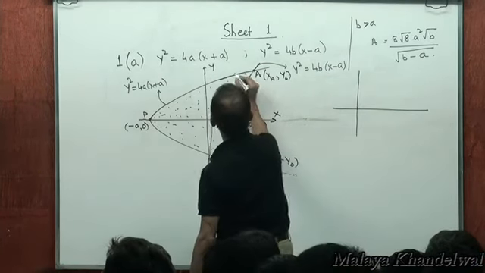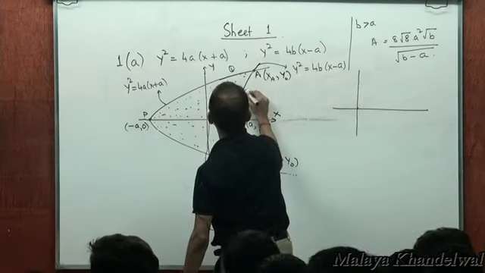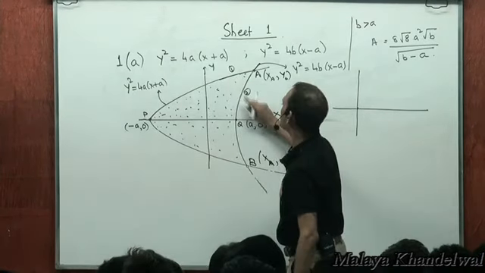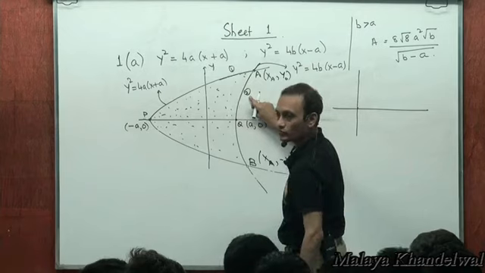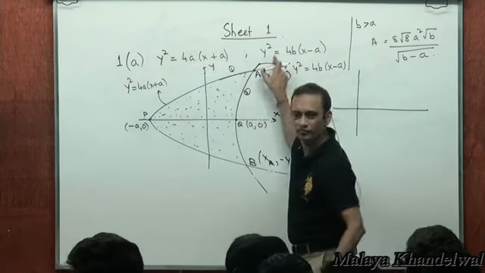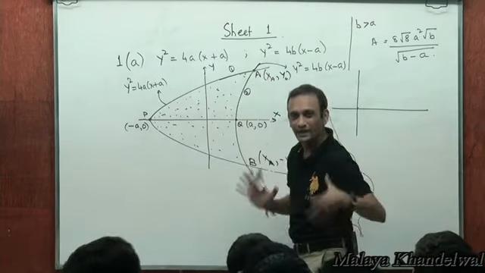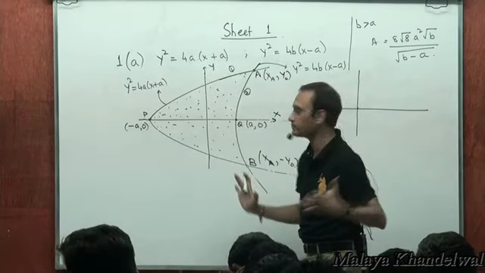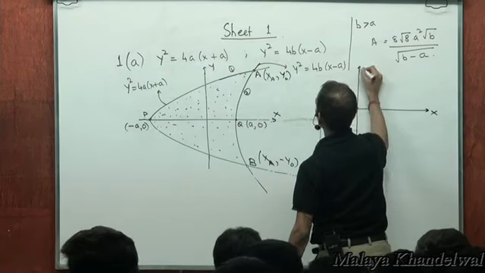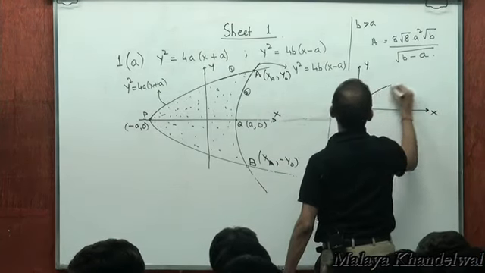Let me call this curve y1, let me call this curve y2. So, all the y's here on this curve would be referred to as y1, all the y's here referred to as y2. So, it's essentially this is like y1 squared and this will be like y2 squared for different x's, right. It will be easier to distinguish between the two curves then. Now, just look at the upper part.